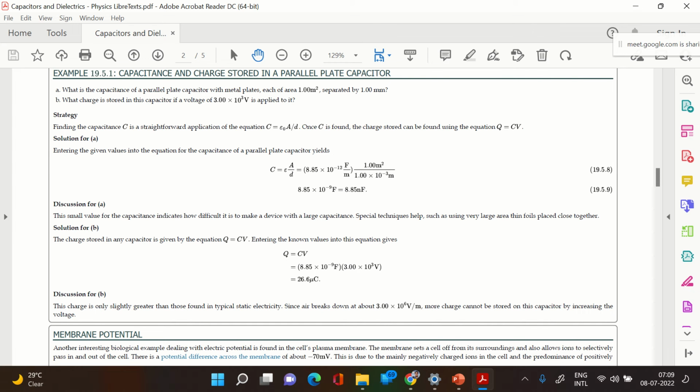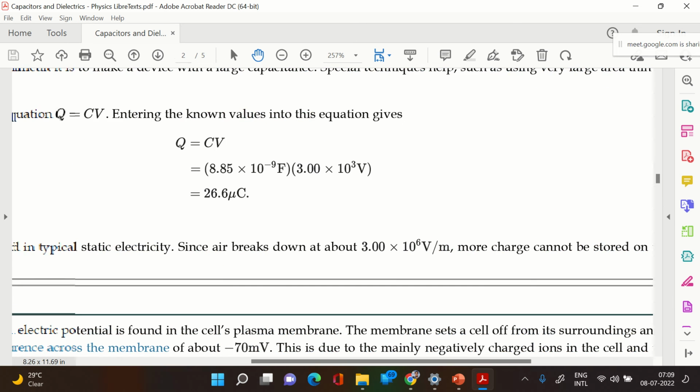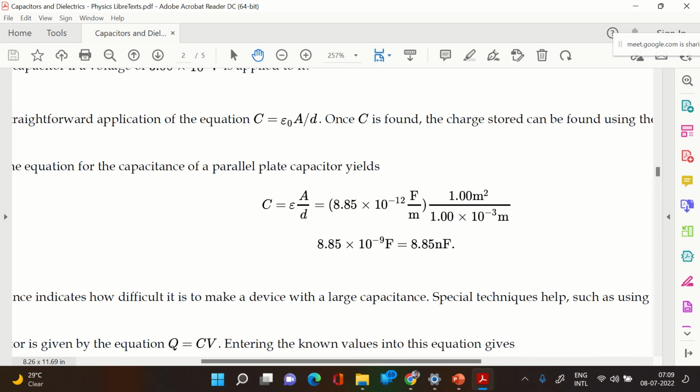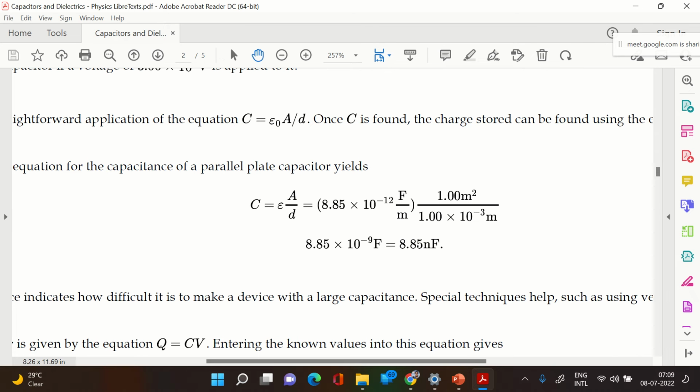That is something I wanted to highlight: the difficulty in storing charges. You cannot design such a big structure when you have to use it in small equipment. So what should be the way out to store more charge?